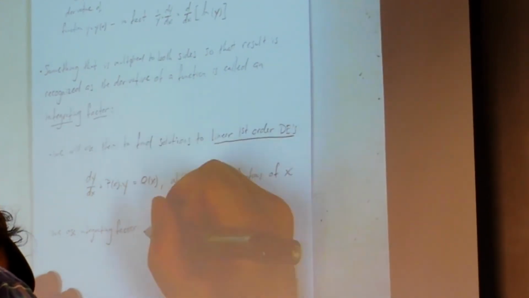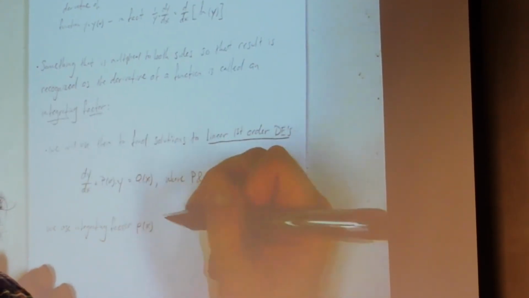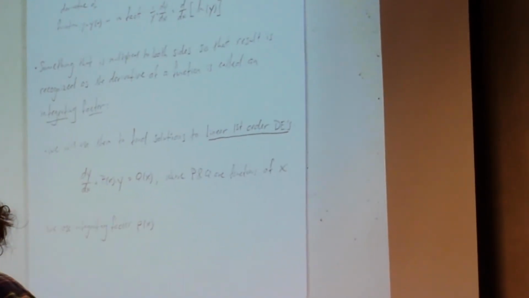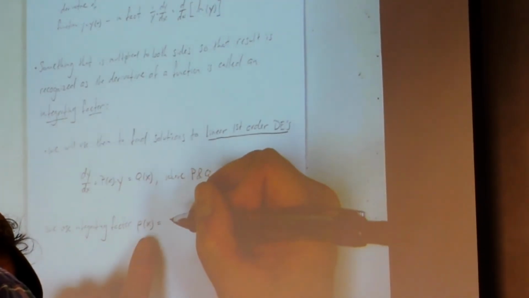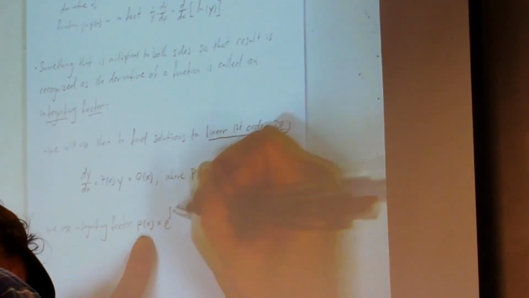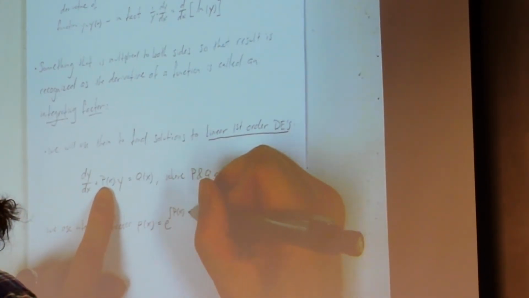All right, and they call it rho. Okay? So different than this function p of x, the coefficient function in front of y. But the integrating factor we introduce here is rho of x, and it's going to be e to the integral p of x dx.